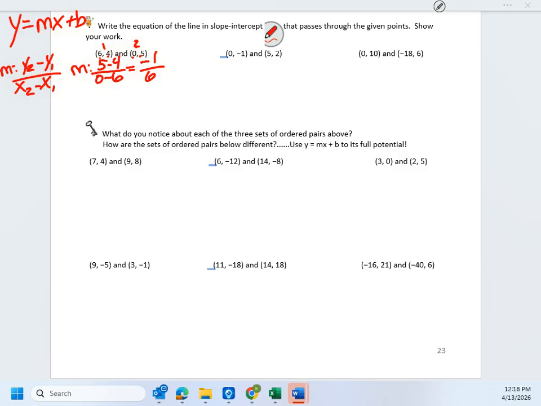Okay? So, what is our b for this one? Joe? Yeah, we talked about that. x is 0, then we know that the y is our y-intercept. Okay. So now I know my slope and I know my y-intercept. I can write it in slope-intercept form. What would that look like? If I know my m and I know my b, how do I put it into slope-intercept form?